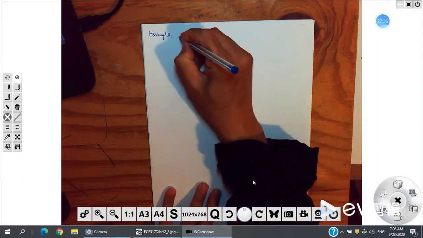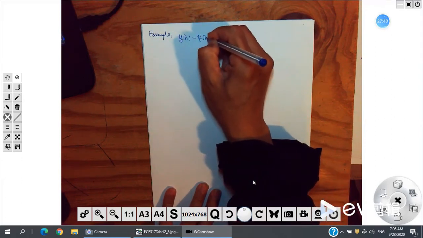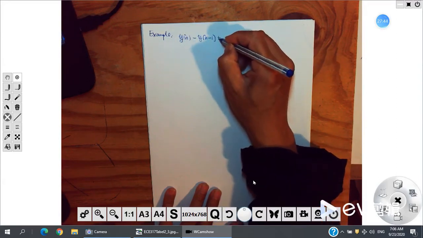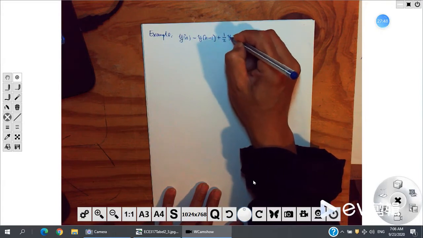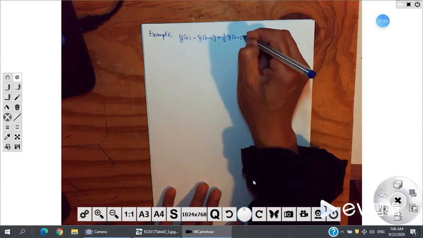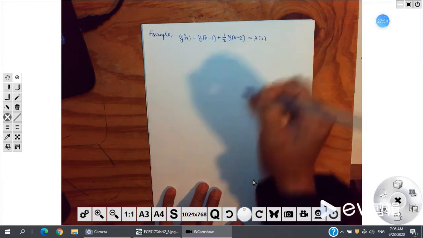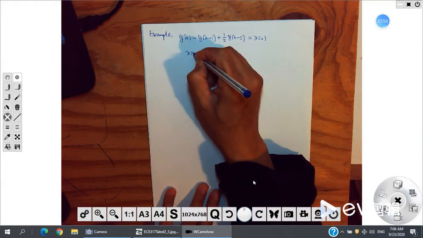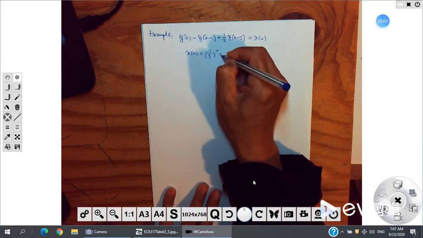We have y of n minus y of n minus 1 plus 1/2 y of n minus 2 equal to x of n, and I still use input x of n equal to 1/3 to the n u of n.